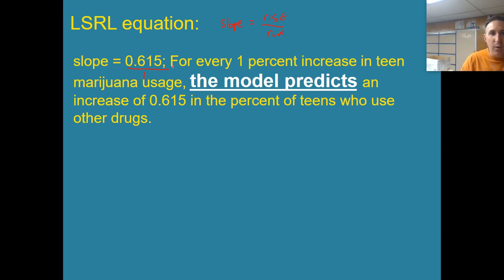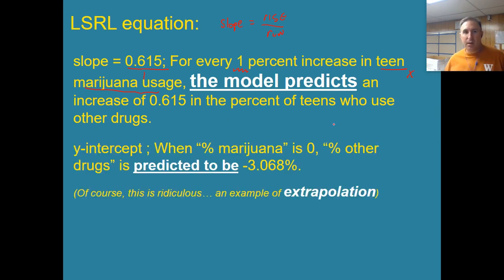So we're going to take that 1 and we're going to say for every 1% increase in teen marijuana use, this is X. The model predicts, our y hat model, predicts an increase of, this is our slope, 0.615 in, here's our y value, right? The percent of teens who use other drugs. Okay, so there's X, here's Y.